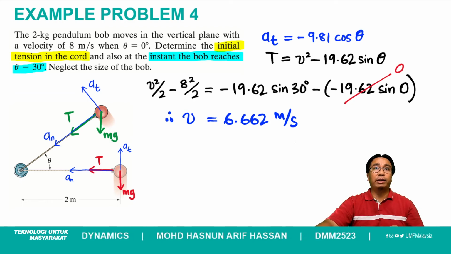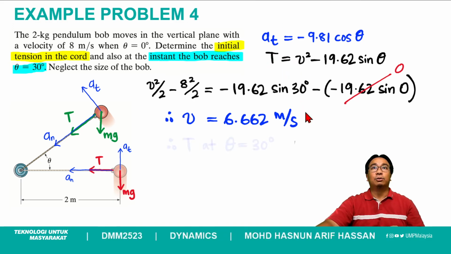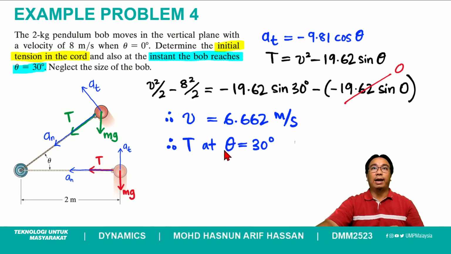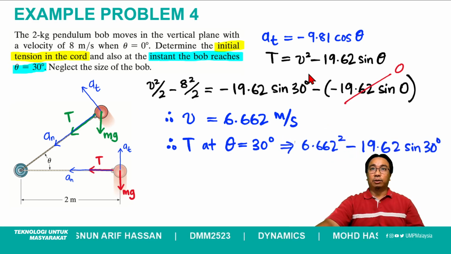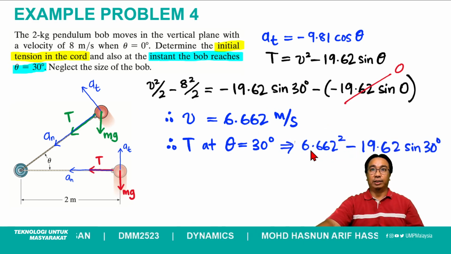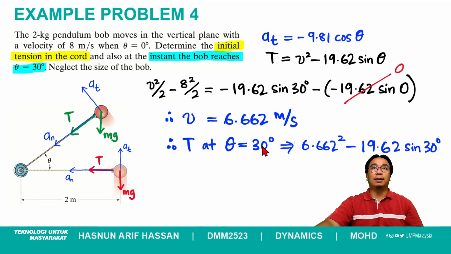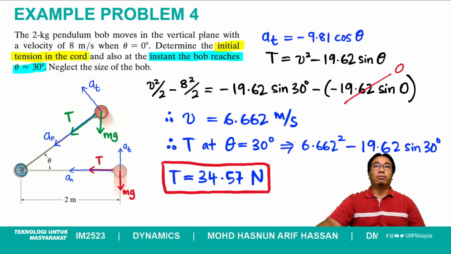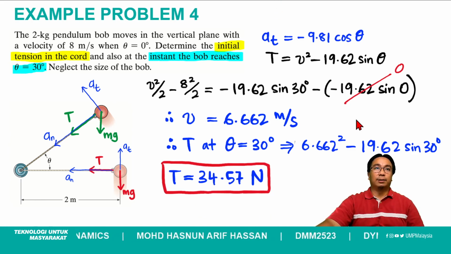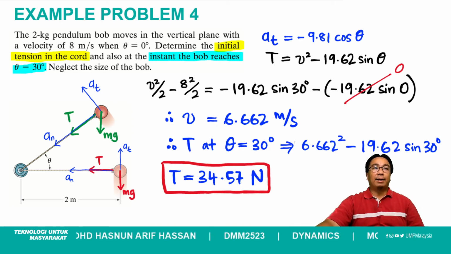Once you have the value of V, you can substitute it back in this equation, the T equation above, to get the value of T. So T at theta equals to 30 degrees is equal to, you substitute the value of V earlier, 6.662 square, in the equation above, minus 19.62 sin theta, theta at 30 degrees. So you will get T equals to 34.57 Newton. Okay. Any questions?